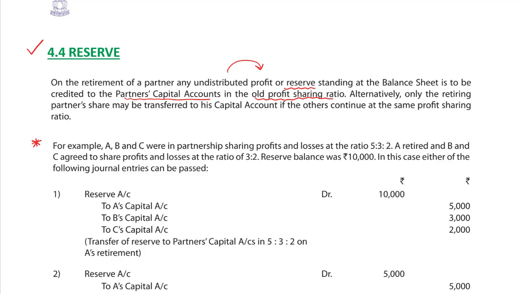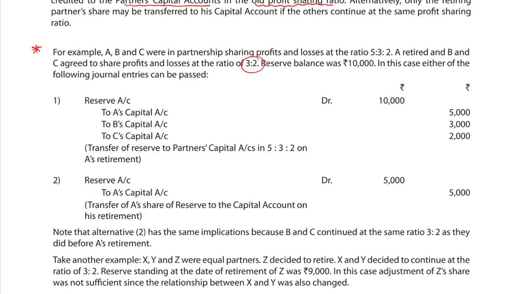For example, A, B, and C were in partnership sharing profits and losses in the ratio of 5 is to 3 is to 2. A retired and B and C agreed to share profits and losses in the ratio of 3 is to 2. Reserve balance was 10,000. In this case, either of the following journal entries can be passed.